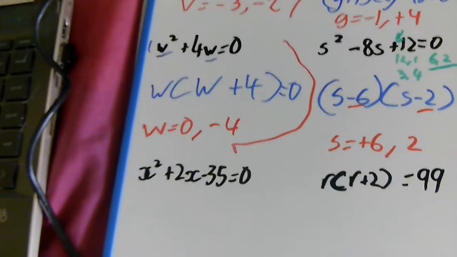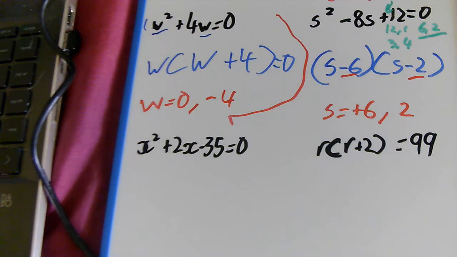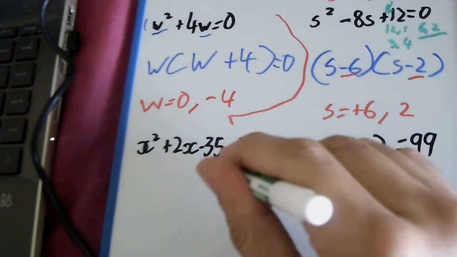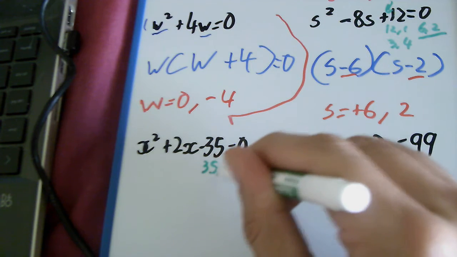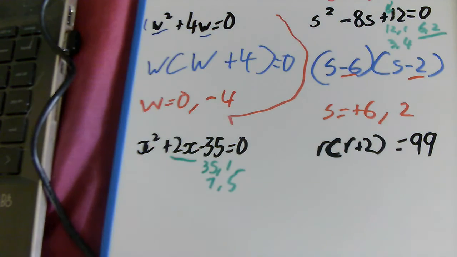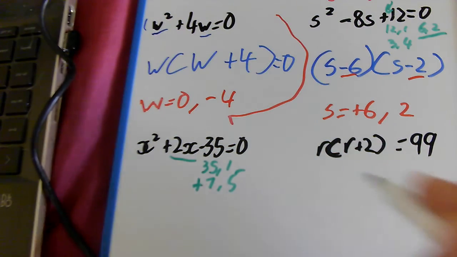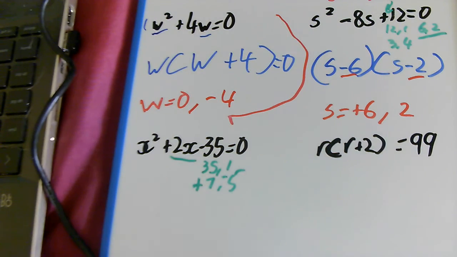Okay, last couple. I'll leave it in green again. So for the factors, we've got 35 and 1, 7 and 5. I need to get positive 2. So straight away that tells me if I go a positive 7 and a minus 5, then that will be okay.